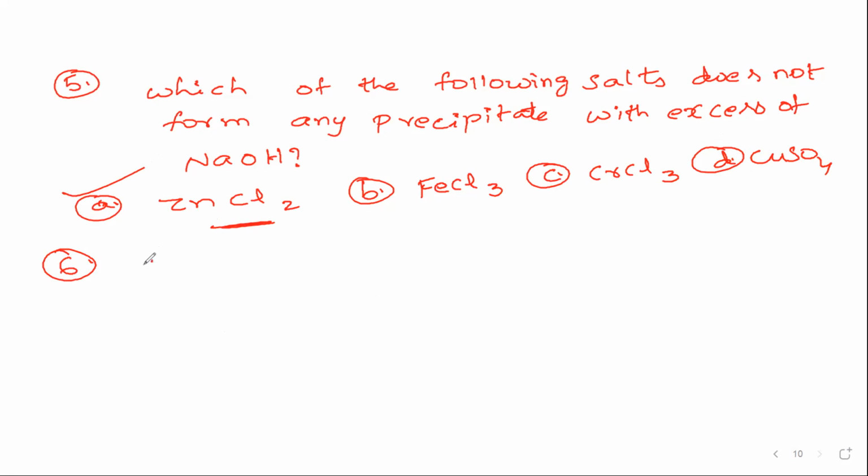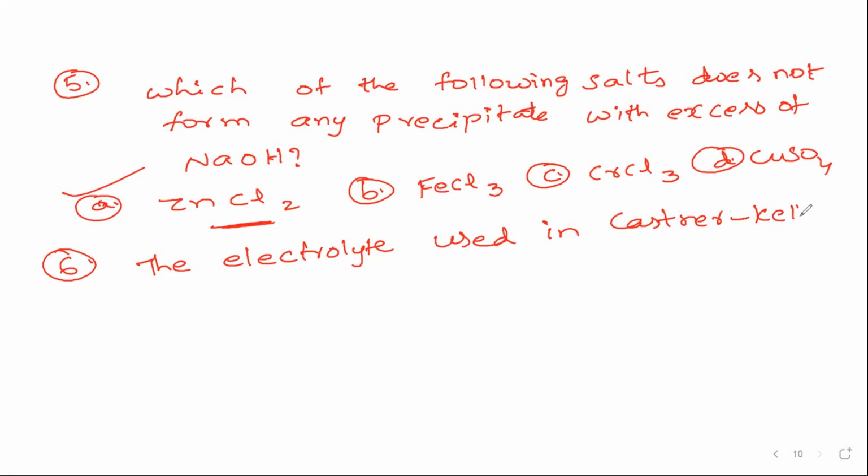The electrolyte used in the Kastner-Kellner process. This we have done in this lecture only. The electrolyte used in the Kastner-Kellner process of sodium extraction: option A, anhydrous sodium carbonate.